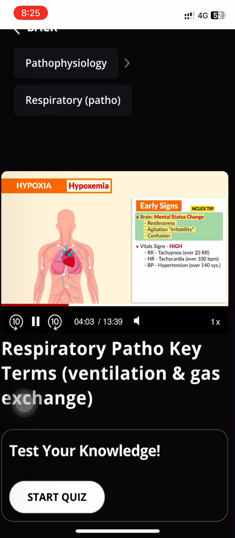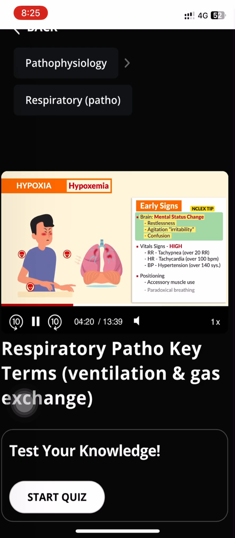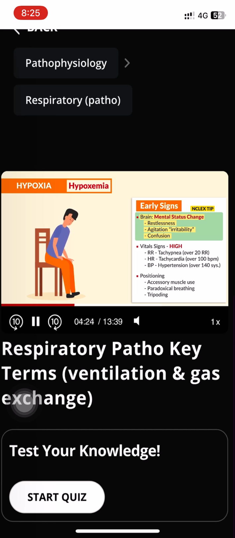Now, as the body scrambles for oxygen, it tries to move the little oxygen it has around the body. And that's why all the vital signs are high, as the body desperately tries to push around this oxygen. We'll also see our patient positioning with accessory muscle use, paradoxical breathing, as well as tripoding, where the patient's leaning over and trying to get their oxygen.